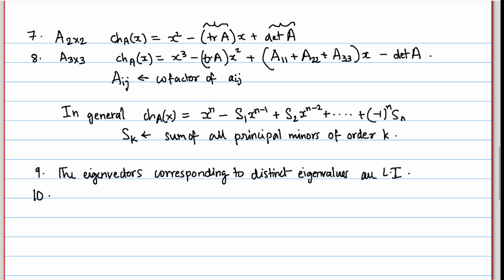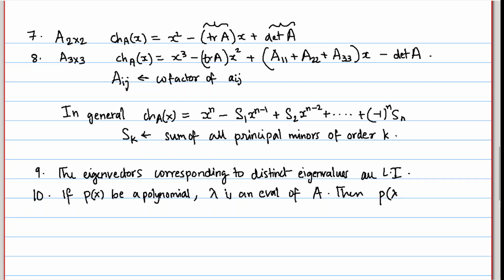The next result I would like to say is that if p(x) is a polynomial, and lambda is an eigenvalue of A, then p(lambda) is an eigenvalue of p(A).